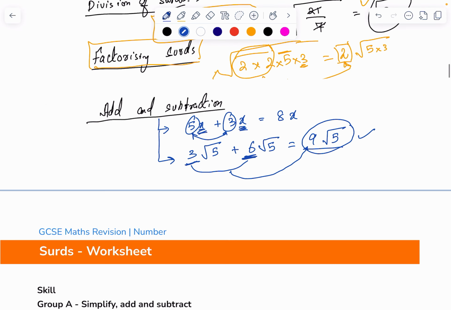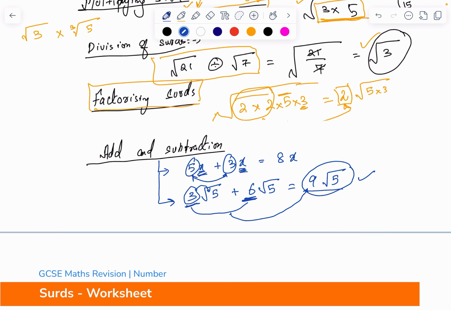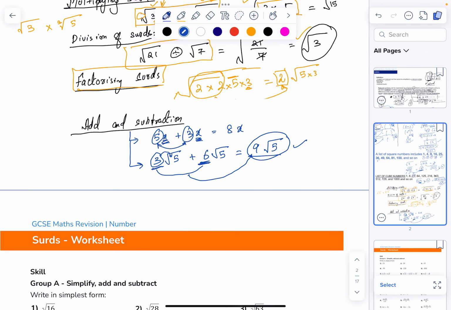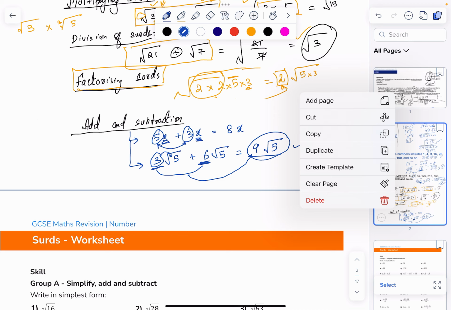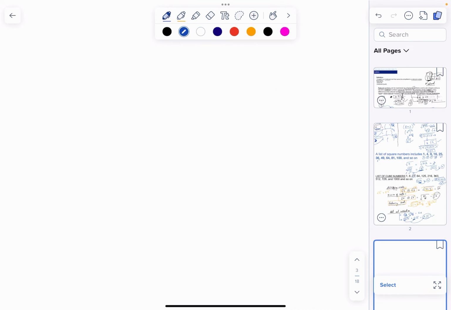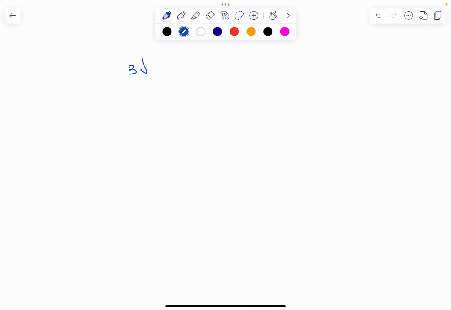Now for example, someone says that I want to put that 3 back again. Are you able to do it? Let's say it's 3 root 5. I want to put that 3 again back. How will I do it? I know that if it is coming out, it's a pair that is coming out, right?